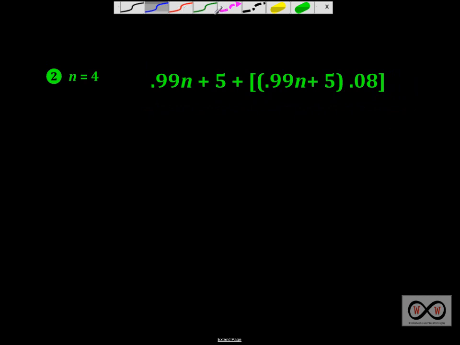So here we go. N equals 4. So we've got 99 cents per app, and Joe bought 4 of those. So we're going to multiply that by 4, and then add in the $5 they spent for the gift card, plus tax. And the tax is calculated in here.